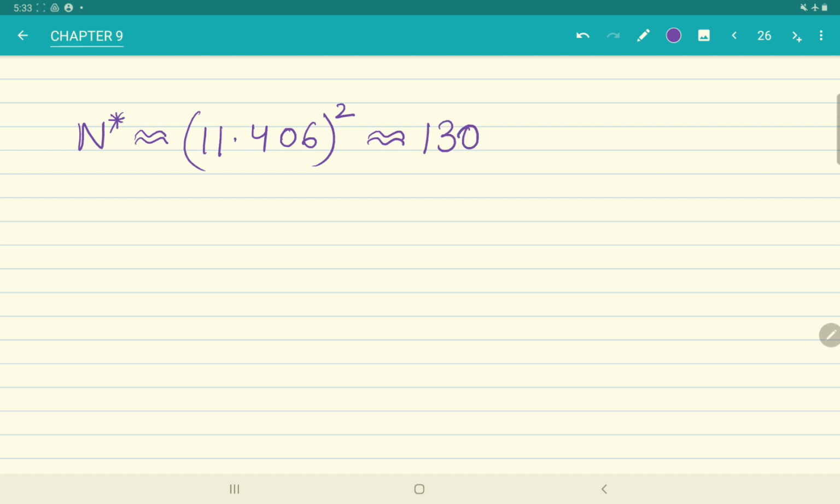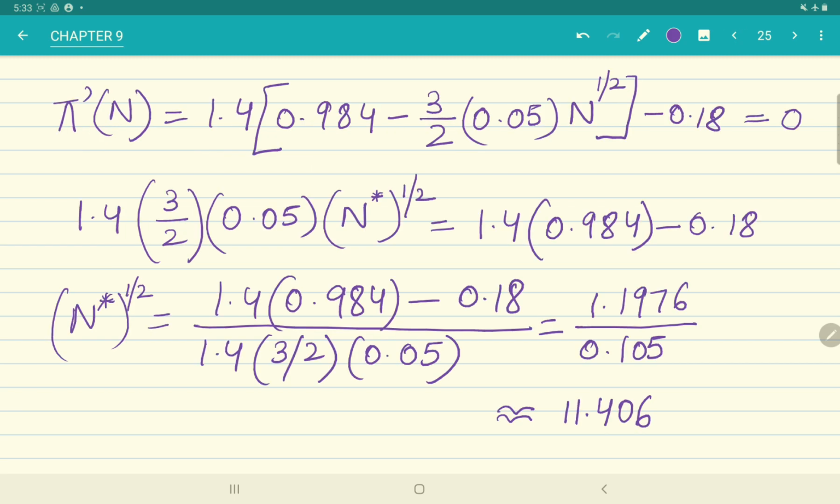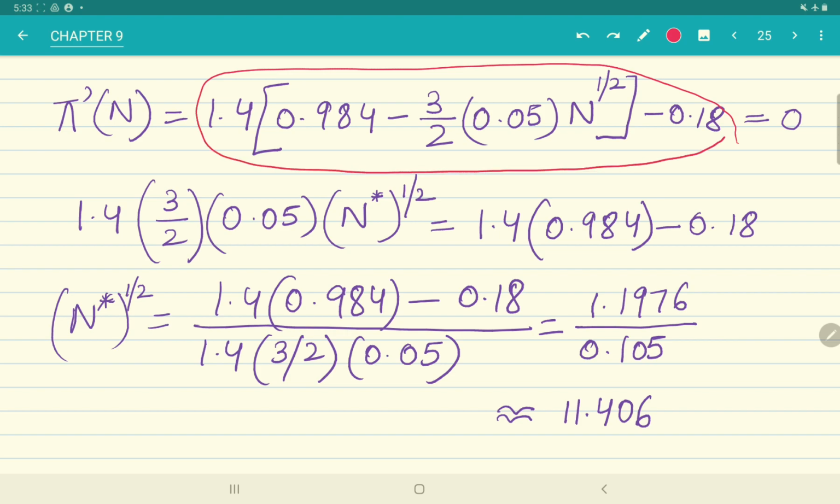That means approximately 130 pounds of fertilizer, but I can't say that right now, so we have to see pi prime n. Let's take a look at this expression. This is pi prime n.